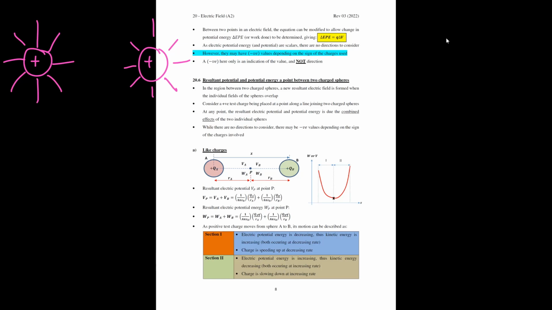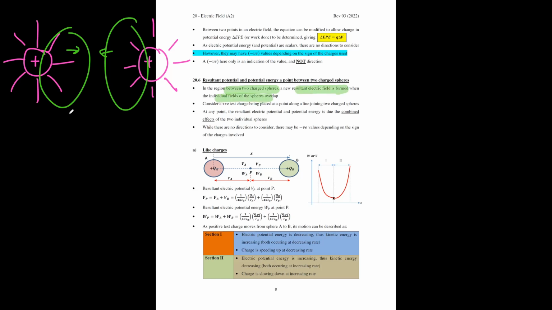If you bring them close to each other like this, what will happen is that the electric fields of both charges, specifically these two sides, will tend to overlap at the same region. So the electric fields will combine and give you a new resultant electric field. Okay, so that is actually stated in this point here.